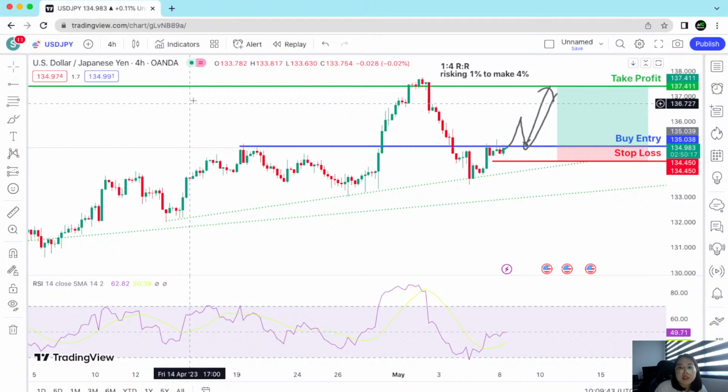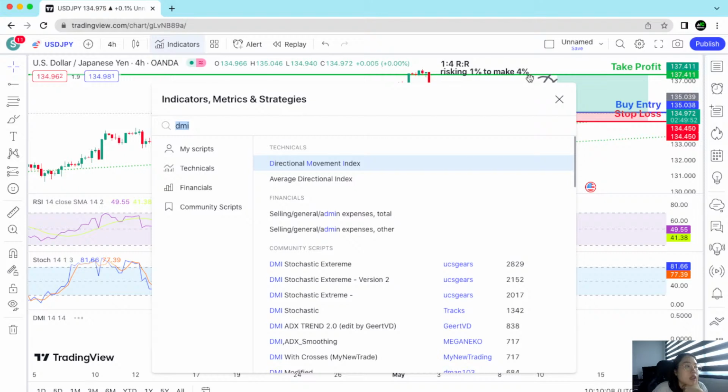Let's see what the other indicators are saying. I'm pulling out RSI, I'm pulling out stochastics. I am pulling out DMI. If I see divergence, bearish divergence on either RSI or stochastics, we are out.